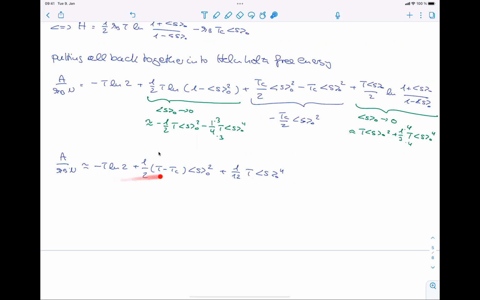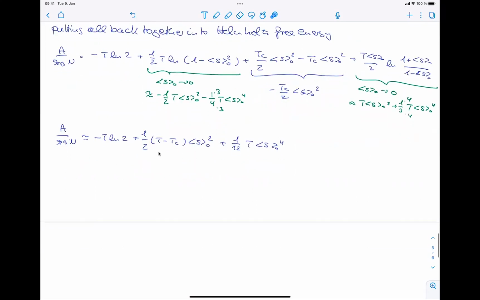What we notice if we look at this simplified expression now is that what we're varying when we're approaching the critical temperature is actually the sign of this term, right? So above the critical temperature, this is positive, and below the critical temperature, this is negative. So the only changes that are happening are because of the change of this prefactor.